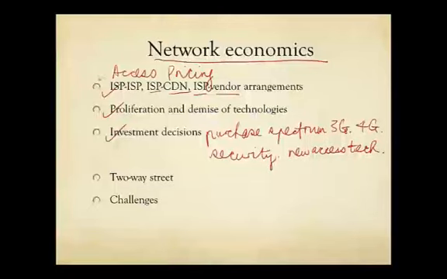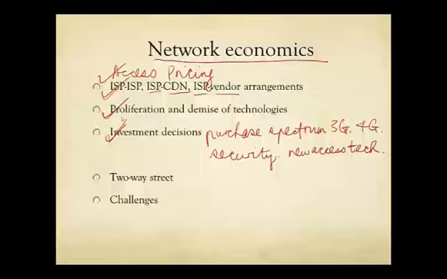Okay. So access pricing, interaction among the ISP, CDN, and vendors, the modeling of the rise and fall of technologies, and the decision of investments, they all can benefit from our understanding of network economics.